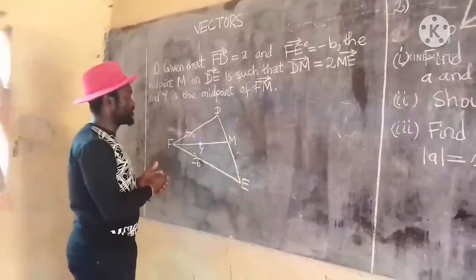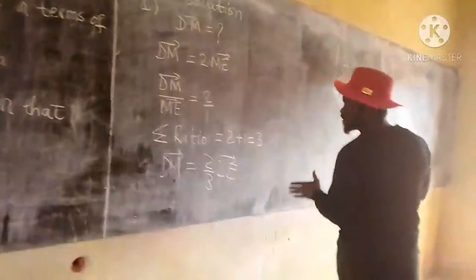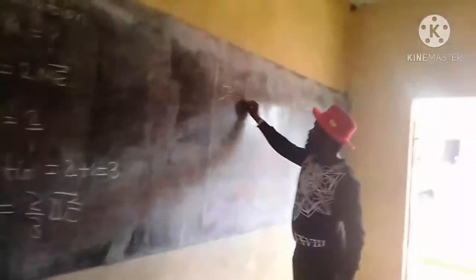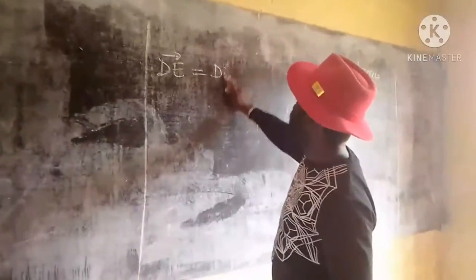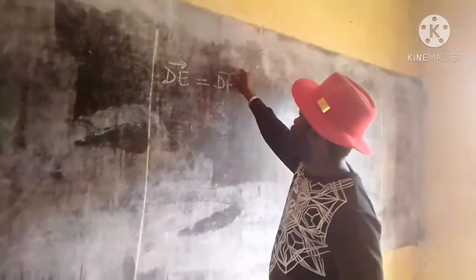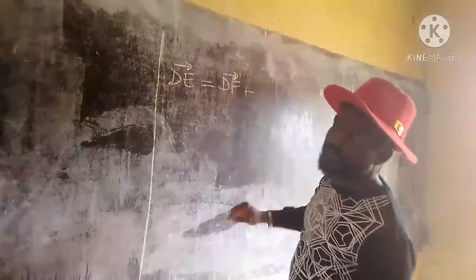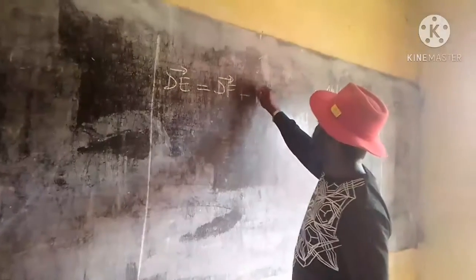So let's go about the movement. Don't worry yourself about signs; that will be taken care of as the equation is being solved. So we have DF plus FE.